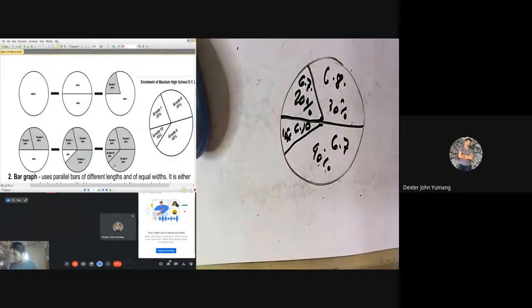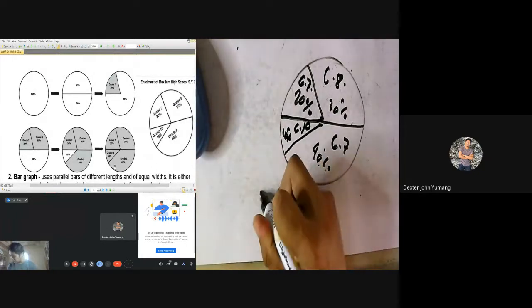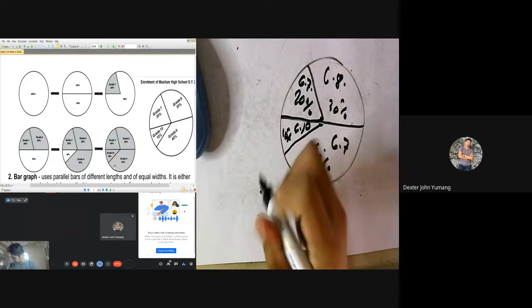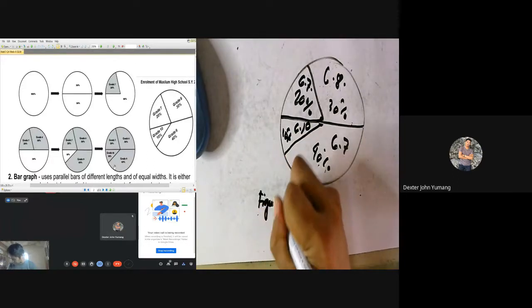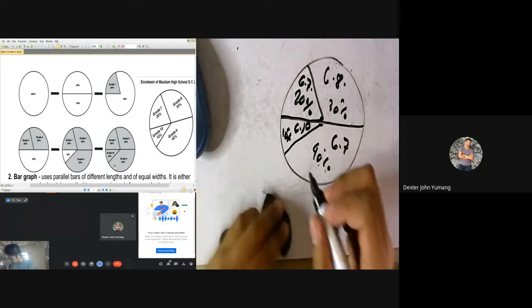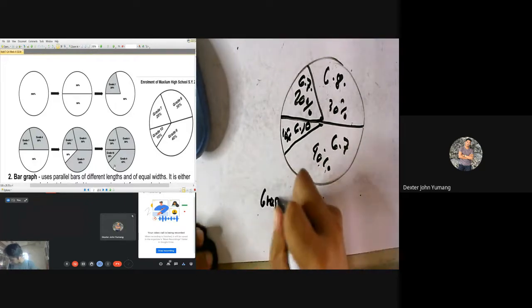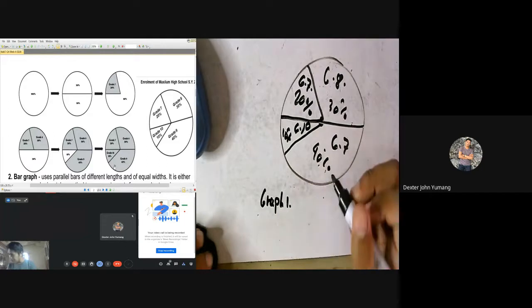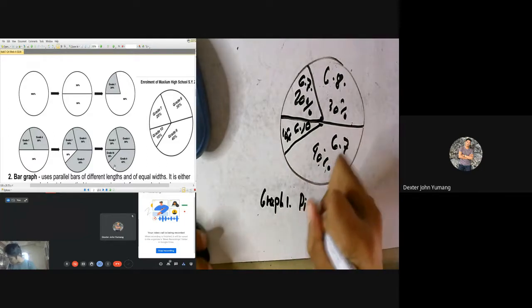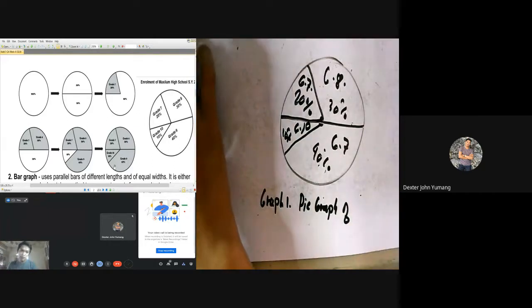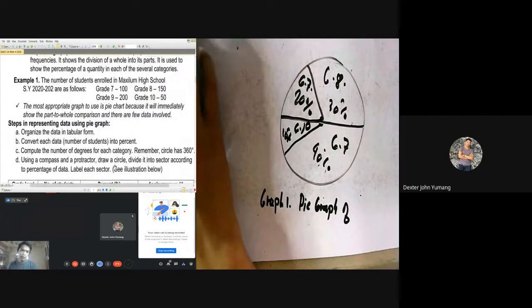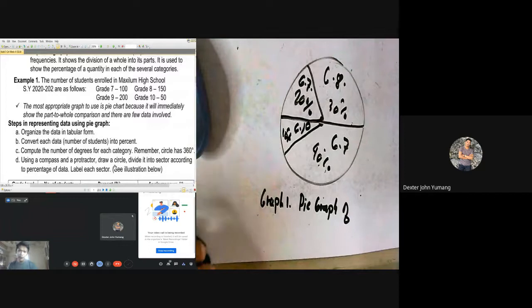And do not forget the name of our graph. Figure, allow me to change it. Graph number 1, graph 1. The title is pie graph of, going back to our given, the number of students enrolled in Maximum High School.